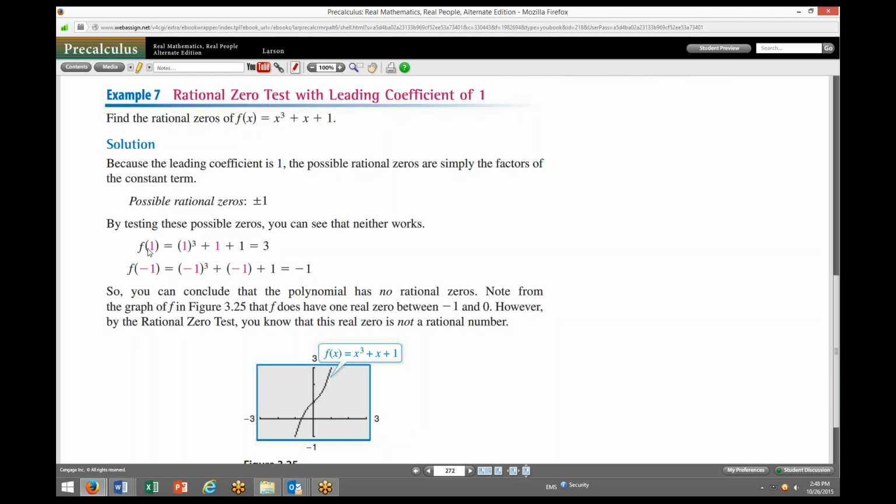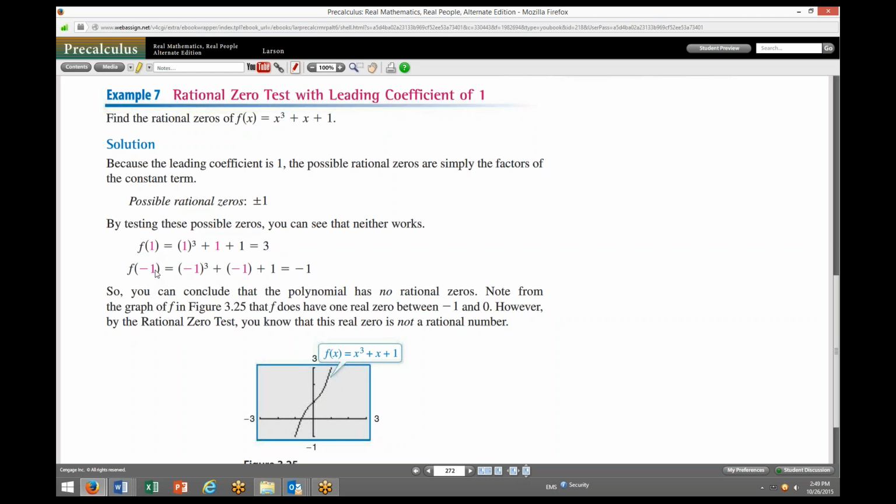Here we go. F of 1 is 1 to the third plus 1 plus 1. Well, 1 plus 1 plus 1 is 3, and you can see that 3 is not 0. So the number 1, yes, it was a possible rational zero based on the rational zero test, but it's not an actual 0. Let's try negative 1.